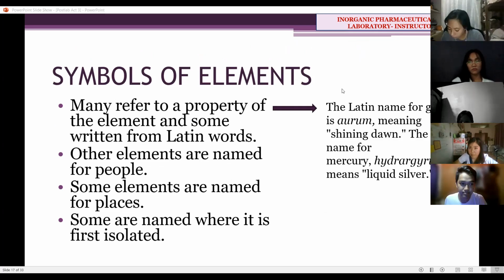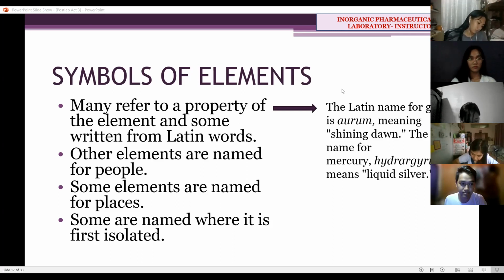So, that comes from the Latin word aurum, which means shining dawn. So, maayo na man ang characteristic ni gold. And for mercury, di ba, our symbol for mercury is Hg. It comes from the Latin word hydrargyrum, which means liquid silver. Kay mao ang property ni mercury.